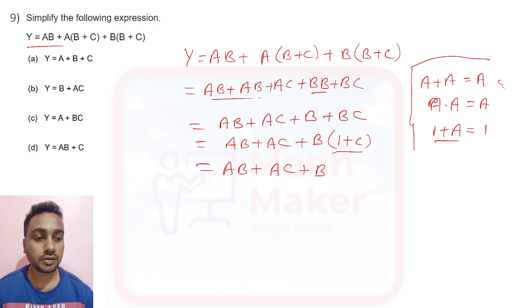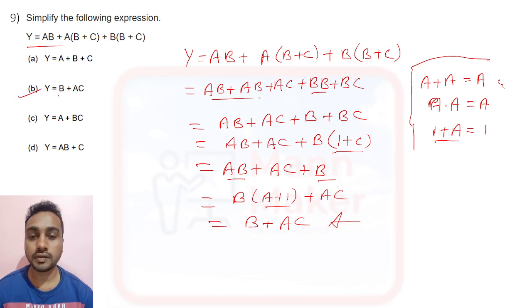These are Boolean formulas. So this is B. Now again if we take B common, we can write A plus 1 and AC. Again that is 1, so this is B plus AC and this is the answer. Option B is the right answer. Like this you need to solve the question.